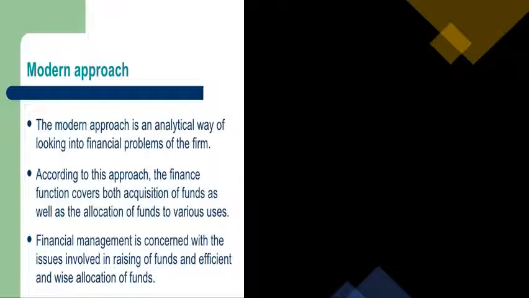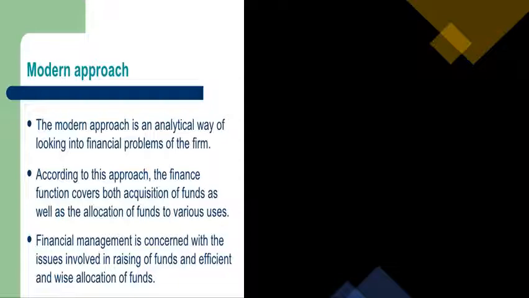According to this approach, the finance function covers both acquisition of funds as well as allocation of funds to various uses. So both acquisition, raising of funds, as well as distribution of funds are part of the modern approach.